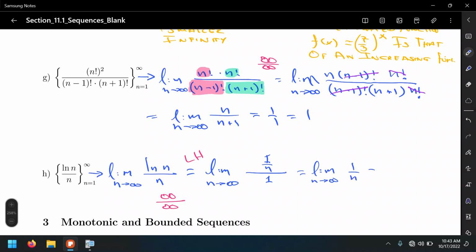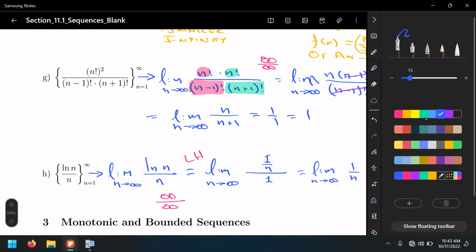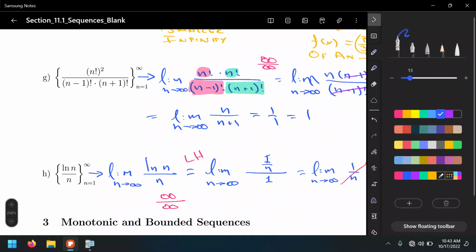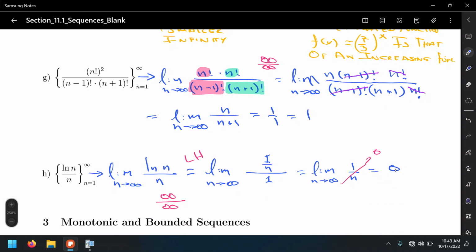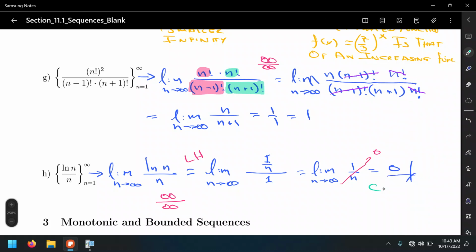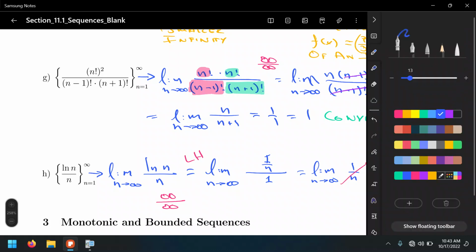That's 1 over n, and 1 over n goes to 0. This means this sequence converges, and converges to 0. The previous one, I forgot to write that it also converges, and it also converges to the value of 1.